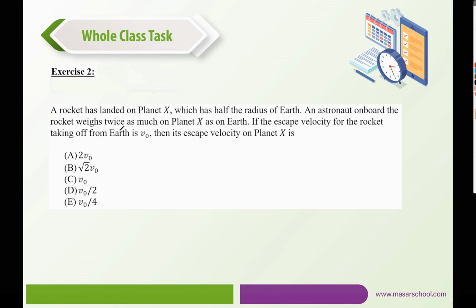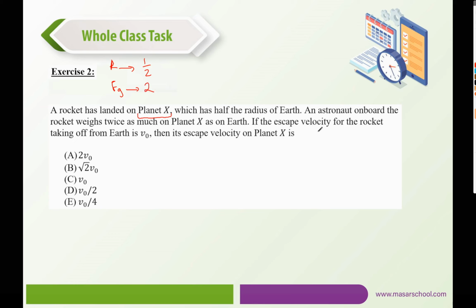Now exercise 2. A rocket has landed on planet X, which has half the radius of the Earth, so the radius changes by a factor of half. An astronaut on board the rocket weighs twice as much on planet X as on Earth. Then the weight on this planet, which is the gravitational pull, changes by a factor of 2.